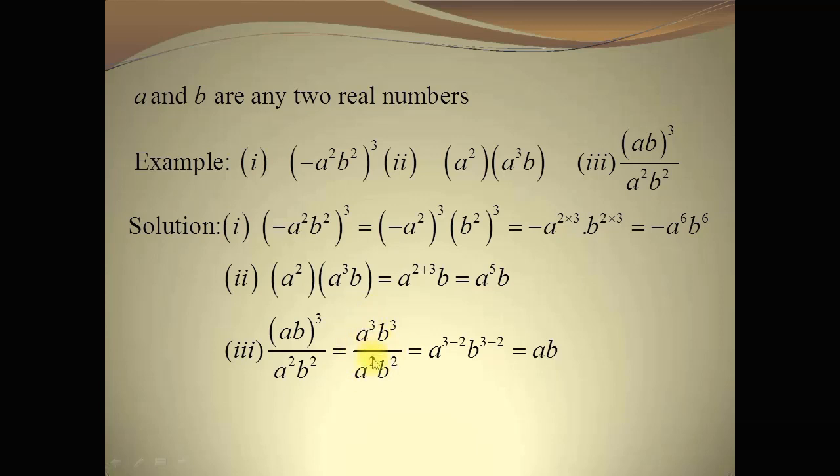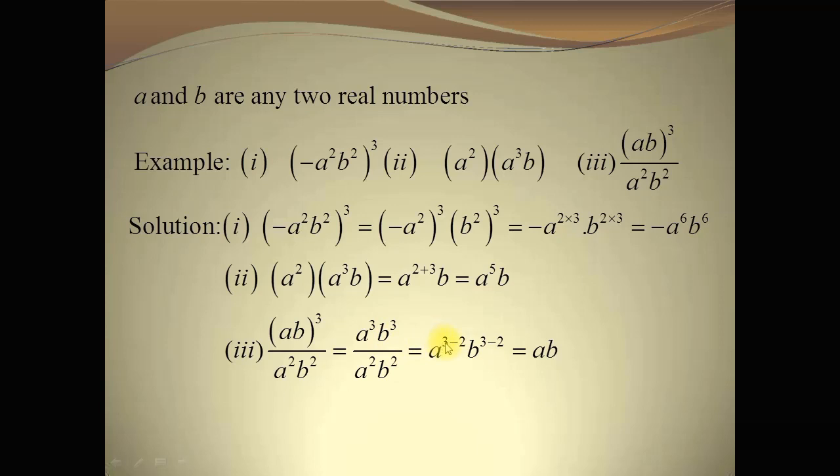Now in this quotient law, since the bases for a cube and a square are the same and the exponents are different, we keep the base the same and subtract the powers. The same holds for b: the bases are the same, so we keep the base and subtract the power of b.